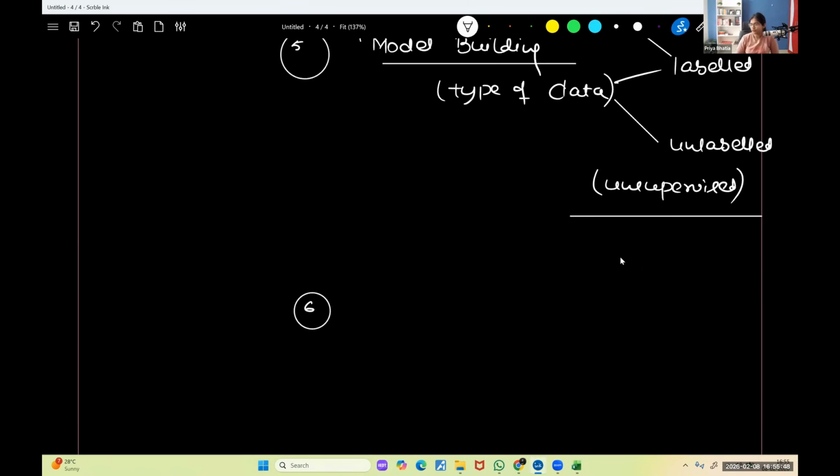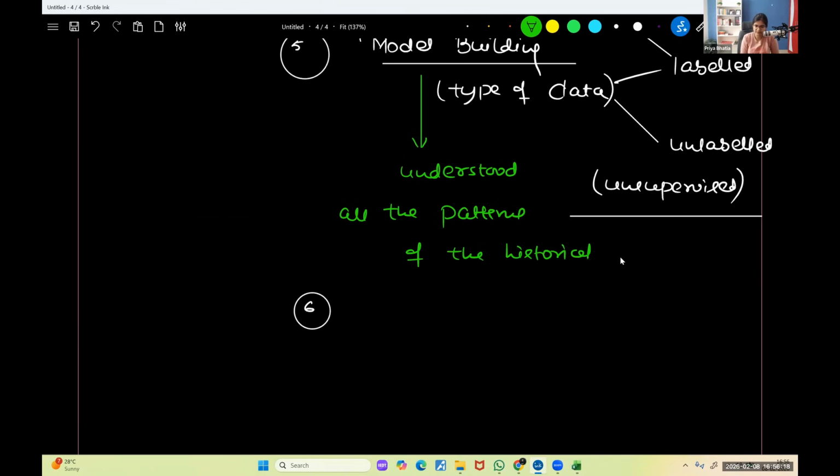Now, once you are able to build a model, what does that mean? When we say I have a model ready with us, I have done my model training part, it means that my model has now somehow understood all the patterns of the historical data that you have fed.